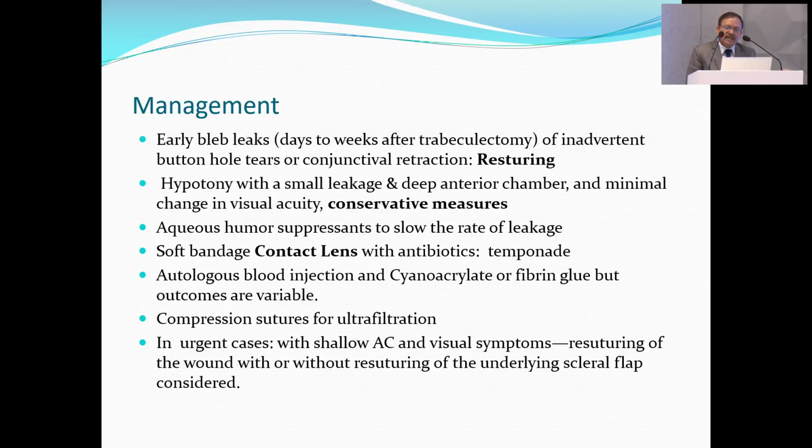Hypotony with small leak and deep anterior chamber and minimal change in visual acuity, you can manage it conservatively. Aqueous humor suppressants to slow the rate of the leakage. You can try soft bandage contact lens with antibiotics for tamponade. Also, you can use autologous blood injection or cyanoacrylate fibrin glue, but outcomes are variable.